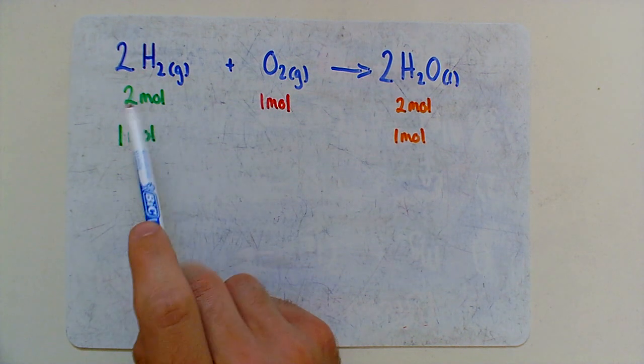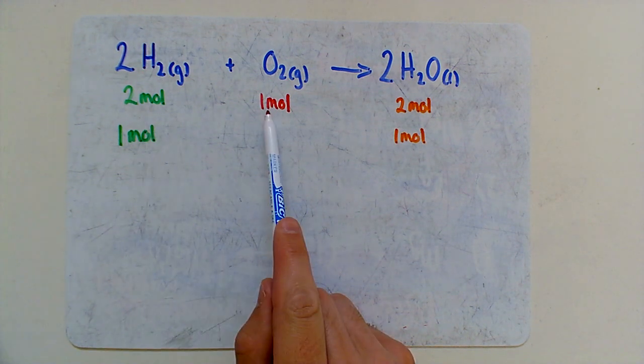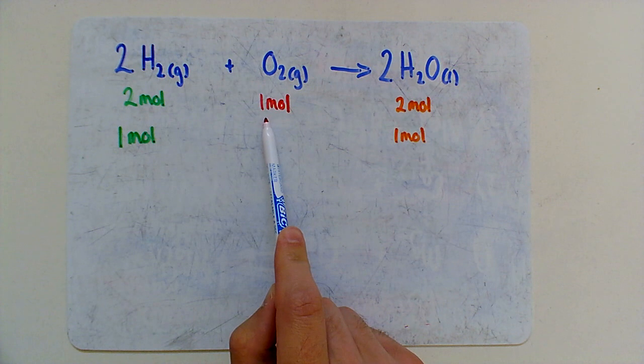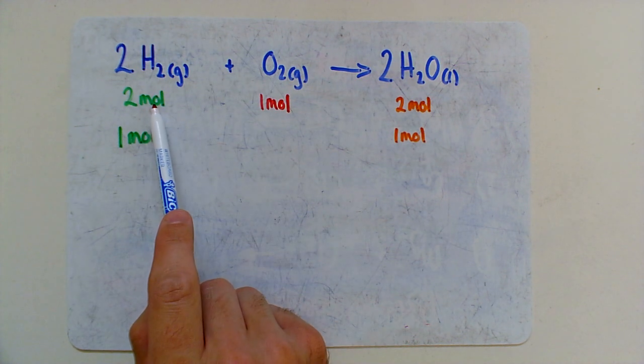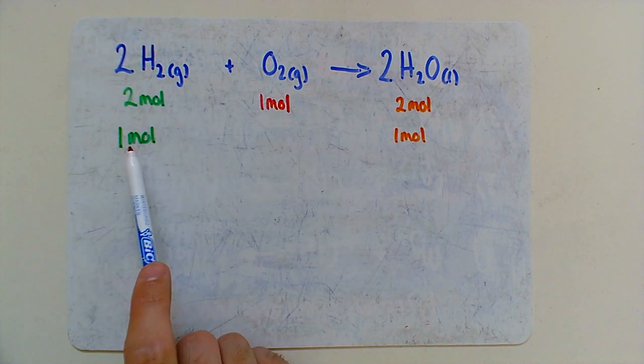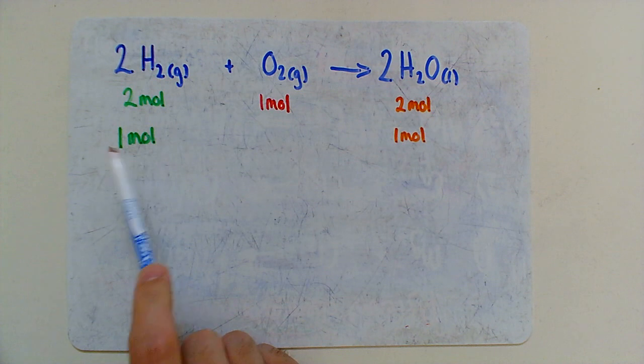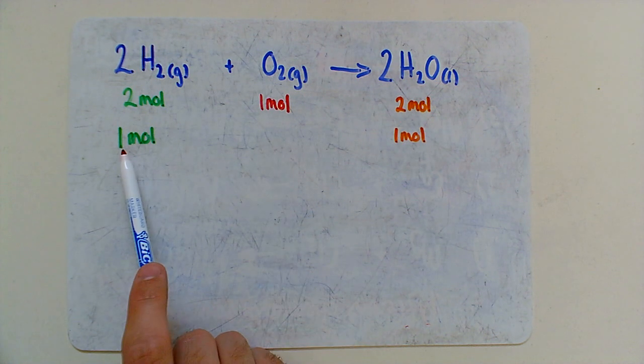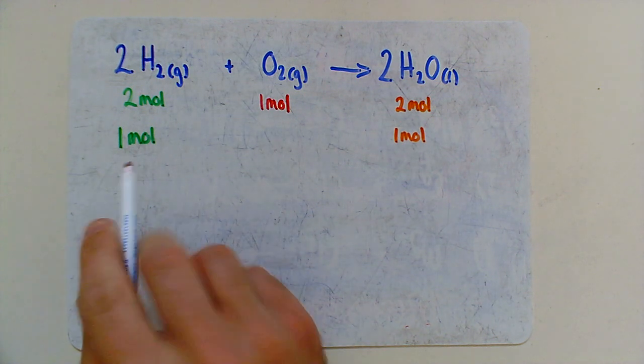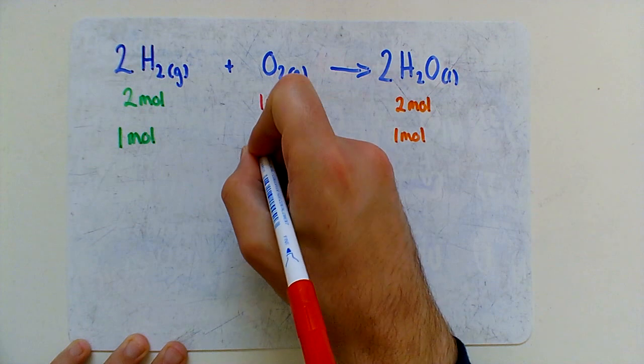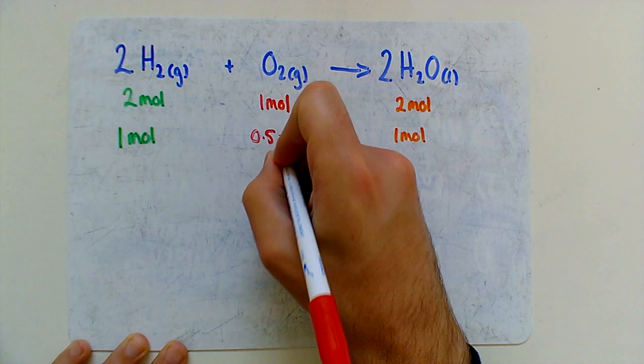But what about oxygen? Well, we needed half the number of moles of oxygen compared to hydrogen. So we're going to need half the number of moles. So it's going to be 0.5, or half a mole.